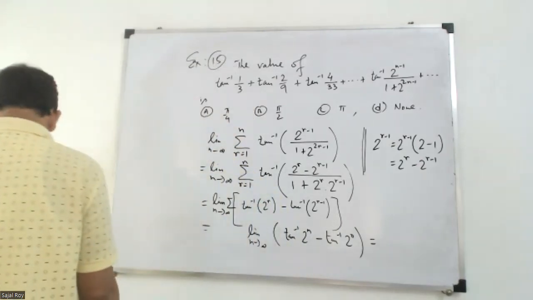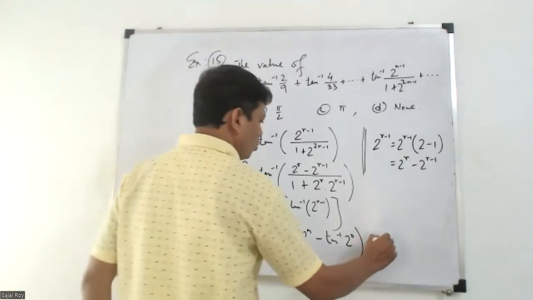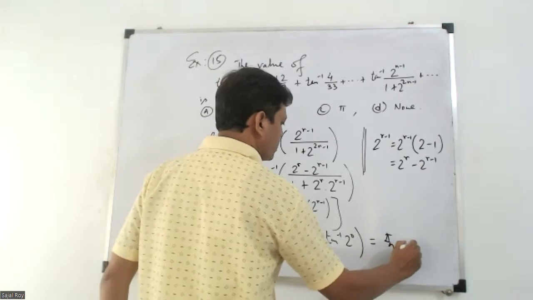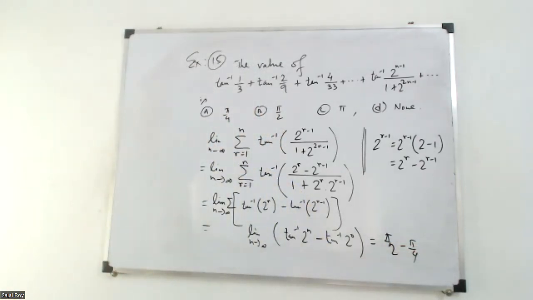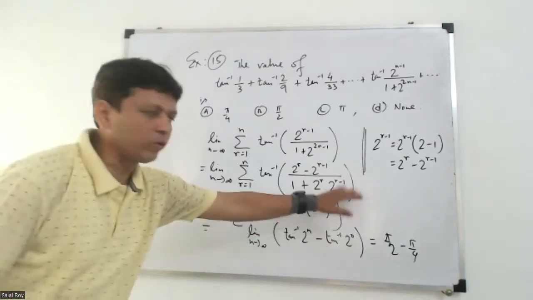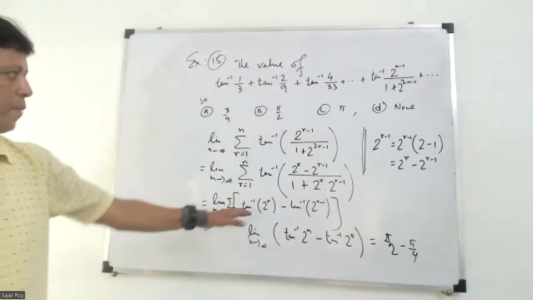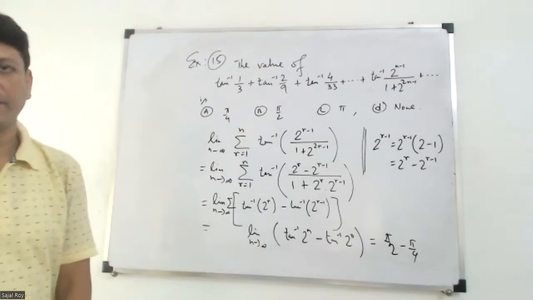So it's pi by 2 minus pi by 4. I'm not doing the entire calculation, you can check that. Same process, just the thing is different.